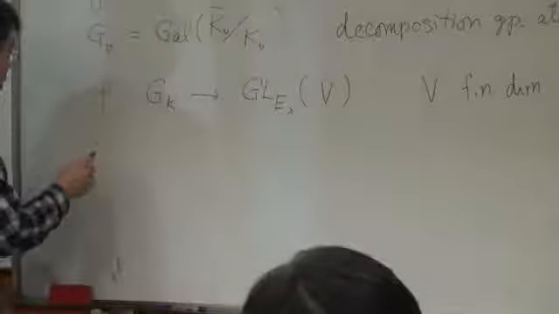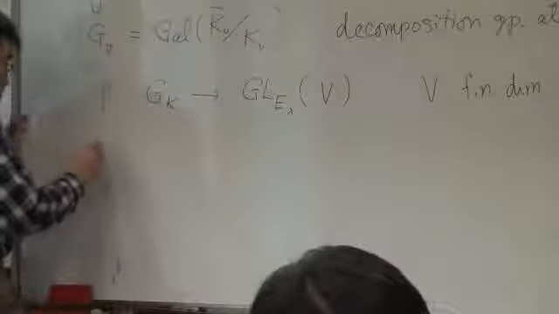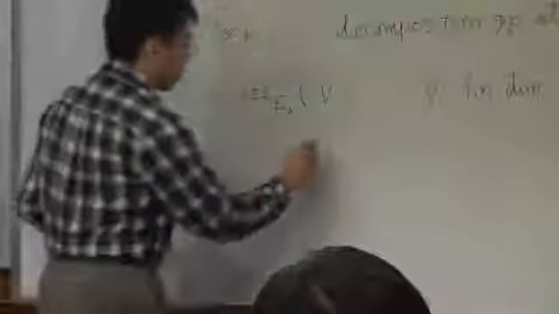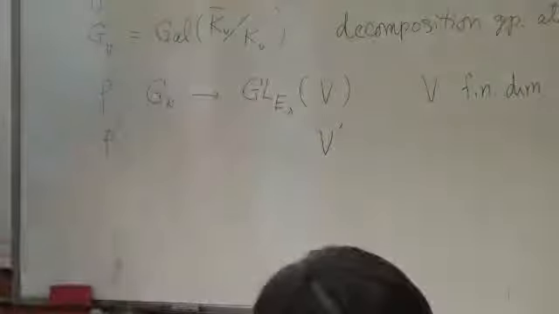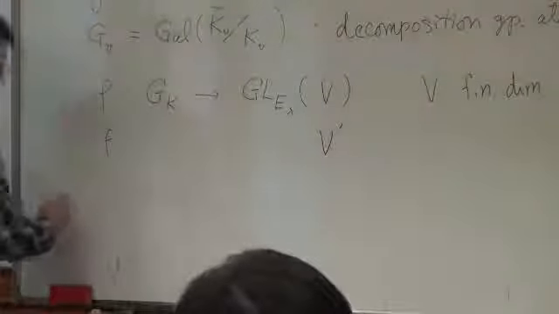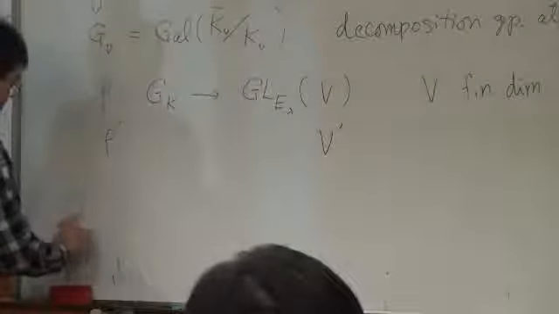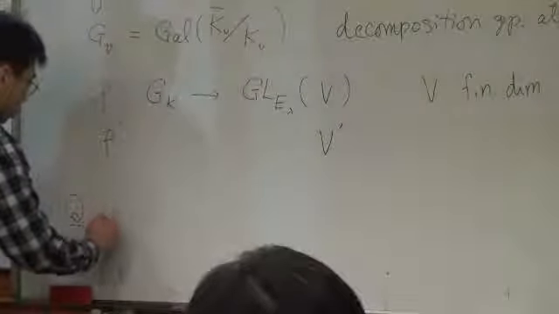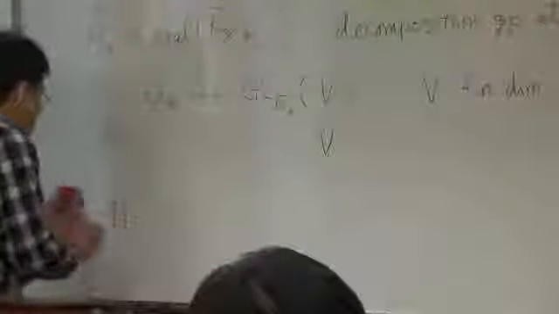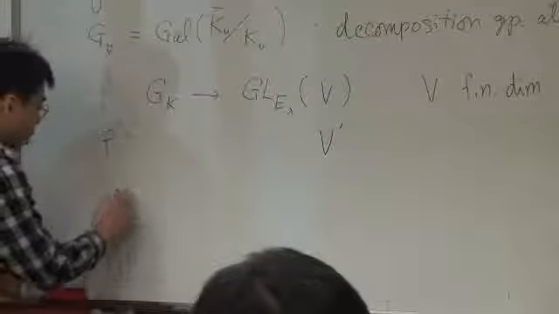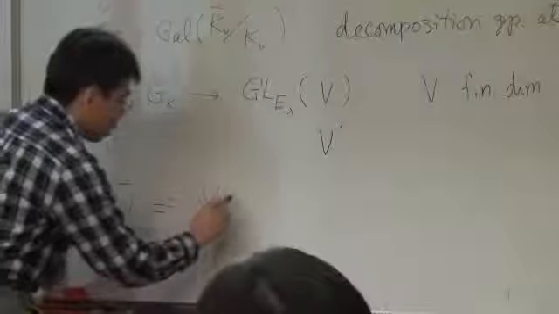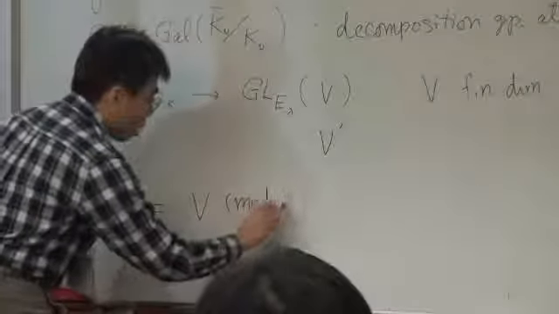Suppose we are given another representation, V prime, and my basic question is this. I denote by V bar the reduction V mod lambda.